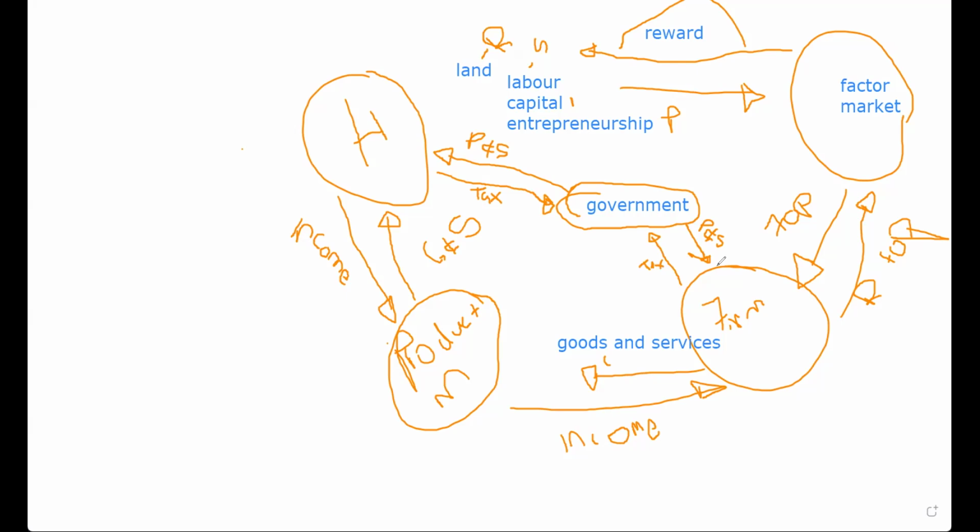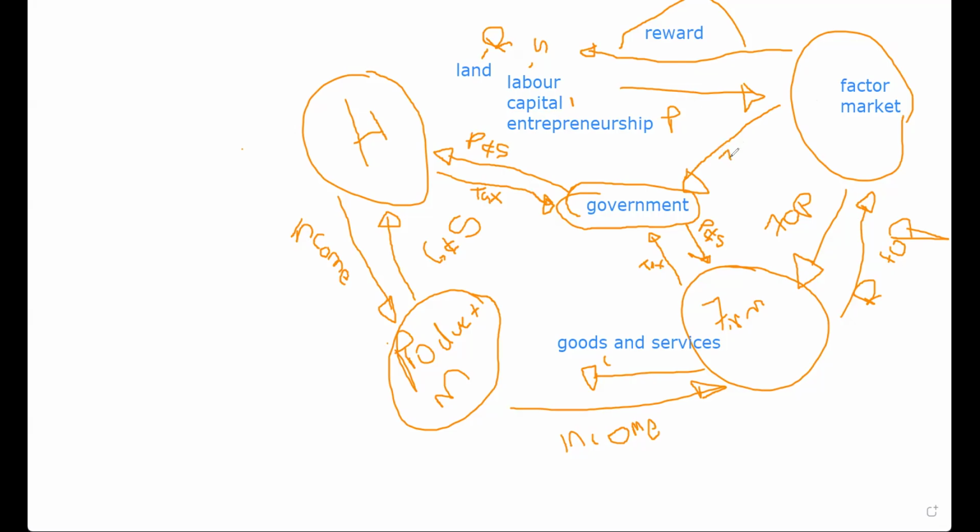And then the government also requires the factors of production. So the government will go to the factor markets and ask for factors of production.